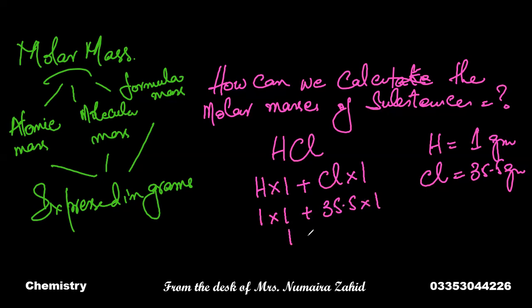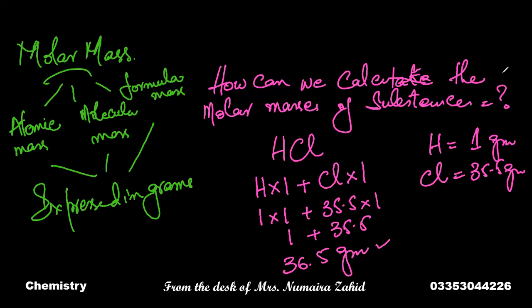Now, 1 times 1 is 1, and 35.5 times 1 is 35.5. By adding these two values, we get 36.5 grams. This is how we can calculate the molar mass of hydrochloric acid.